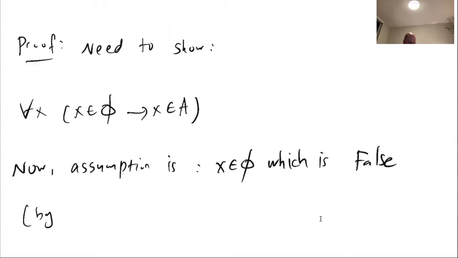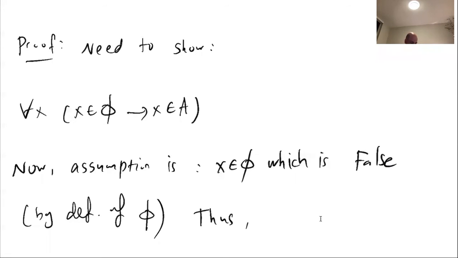By definition of phi. Phi is a set with no element, right? So x belongs to phi is false for every x. And we know that false implies anything is always true, right?